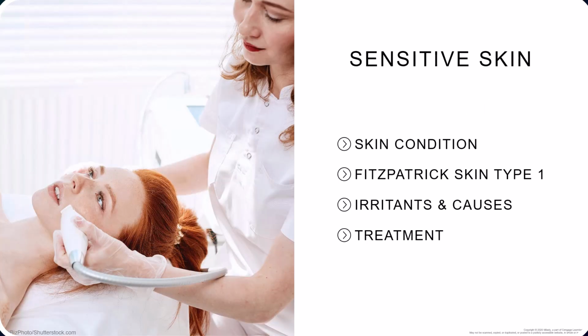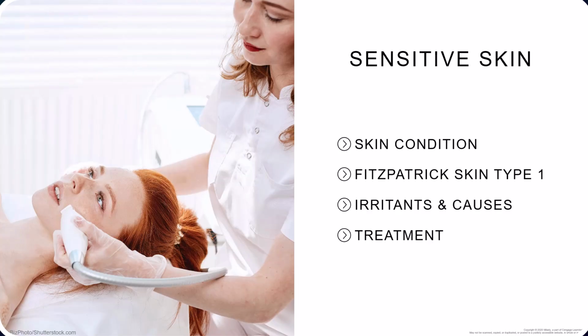So sensitive skin is a condition, so a skin condition, but it's also the result of a genetic predisposition. And it's characterized by the skin's fragility, thin skin, and redness. Sensitive skin is going to flush a little bit more easily, and it may appear red due to blood flow being closer to the surface of the skin and the skin being thinner.